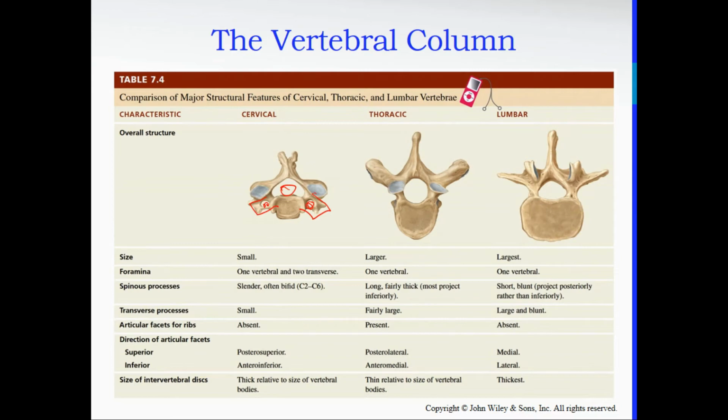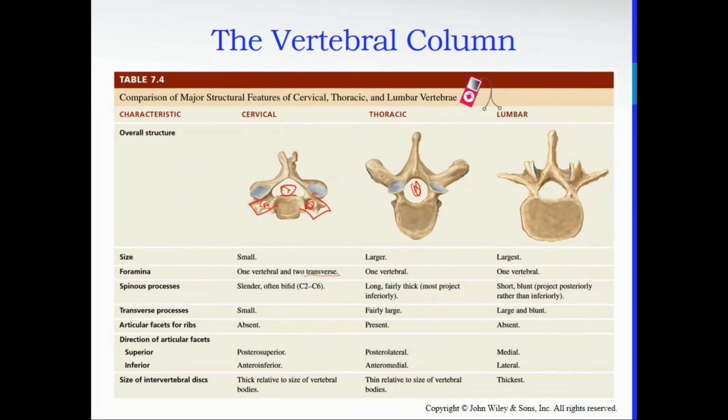So that's one of the distinguishing characteristics. So the foramina in the cervical, there's one vertebral and two transverse. So you'll have two in the transverse process, but the other vertebrae only have the one. So if you pick up a vertebrae and look down and you see three holes, then you know it's from the neck. It's a cervical vertebrae.